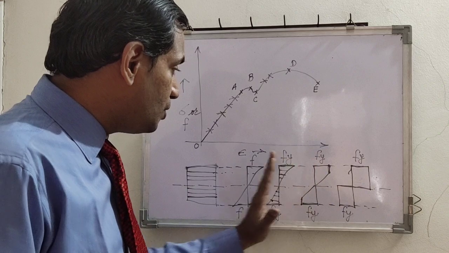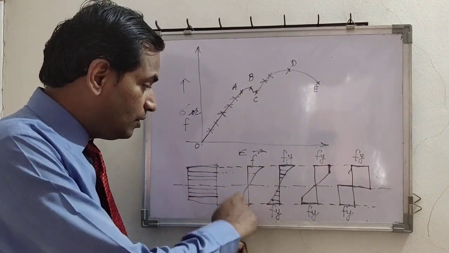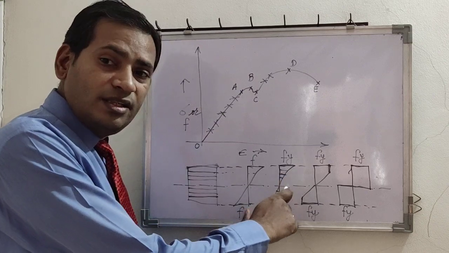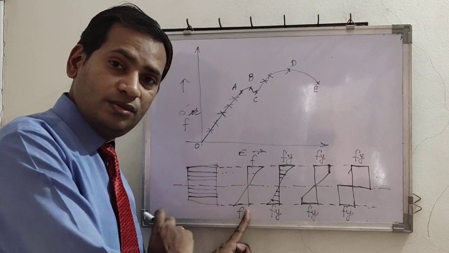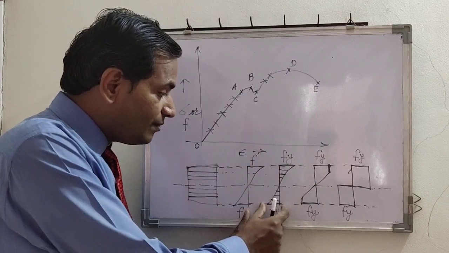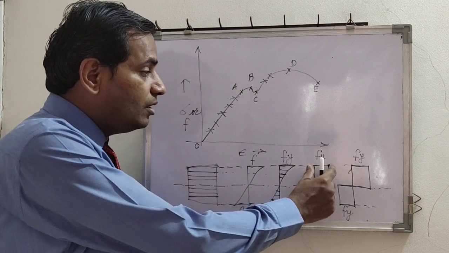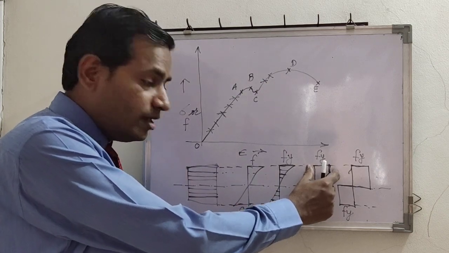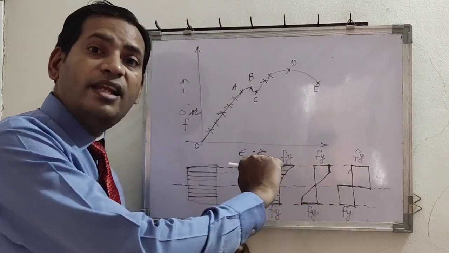At all these stages, it was either perfectly elastic like in this diagram, or partially elastic and partially plastic like in these two diagrams. Extreme fibers here were Fy, the other values were less than Fy.